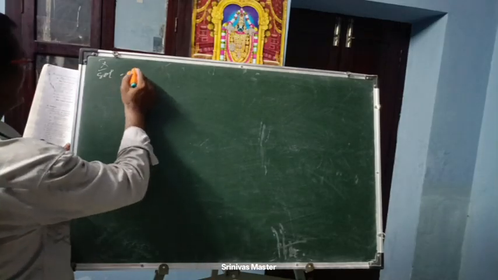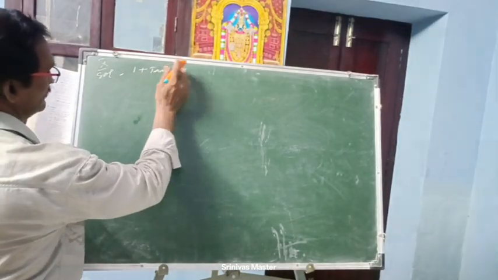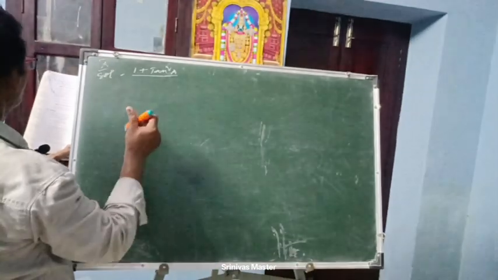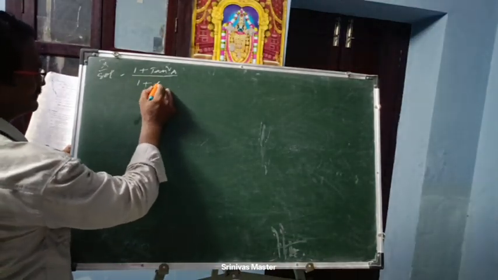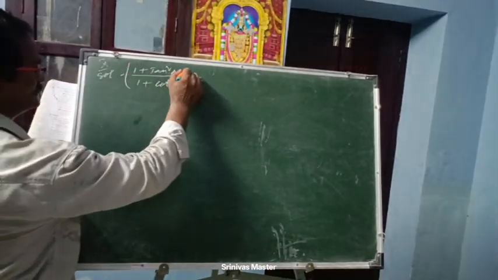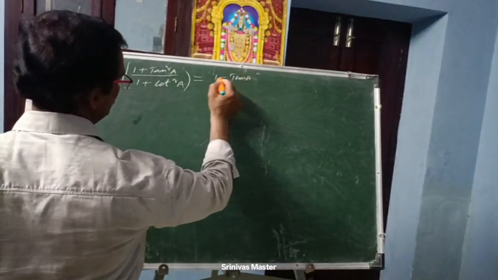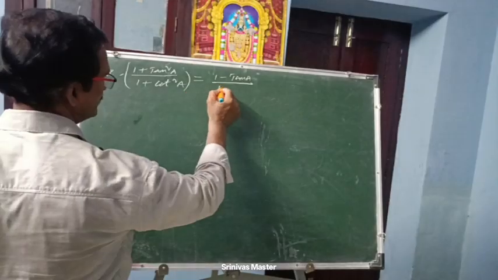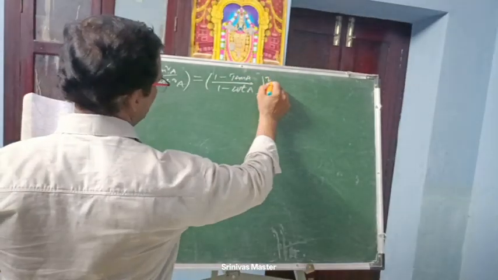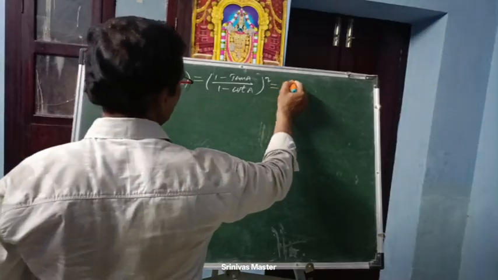Write that (1 plus tan square A) by (1 plus cot square A) is equal to ((1 minus tan A) by (1 minus cot A)) whole square. It is equal to, what is given? Tan square A. See now how to prove.